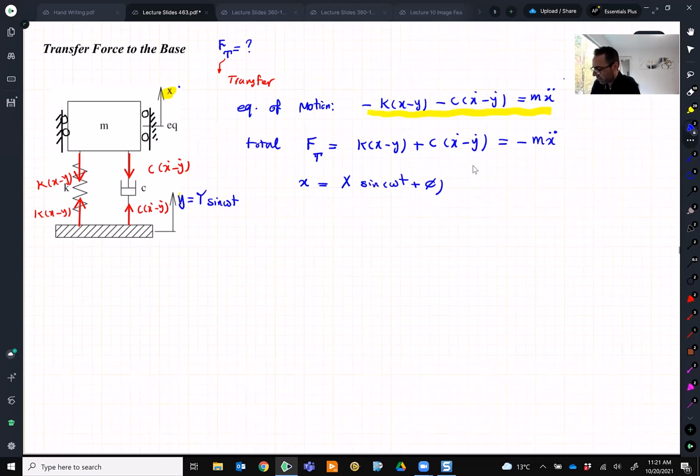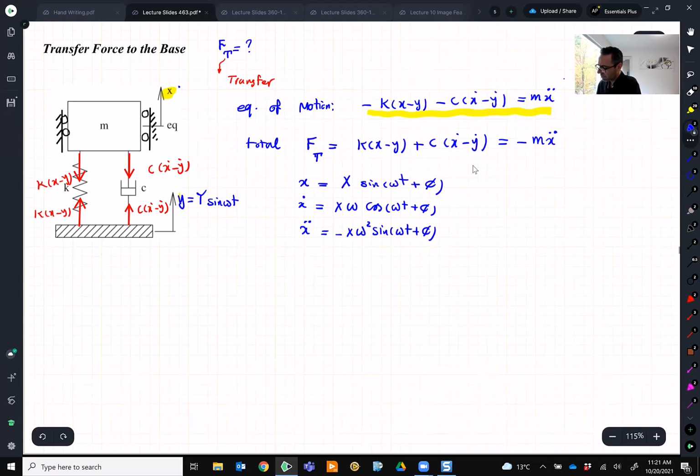So this is what we found for x. Now, if I take the derivative twice, x dot will be X omega cosine omega t plus phi, and x double dot gives me minus X omega squared sine omega t plus phi. All right, so far good.